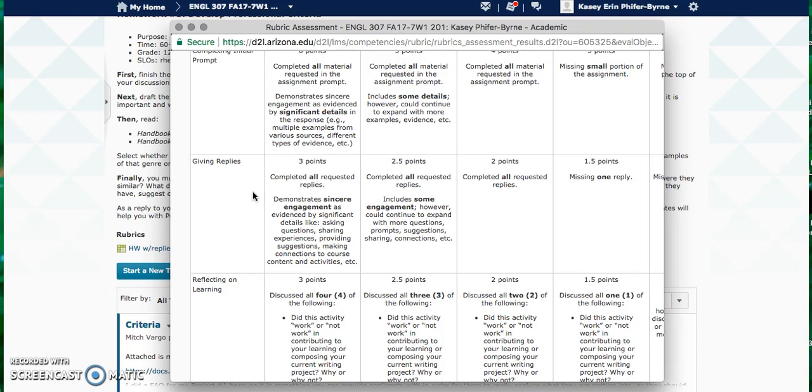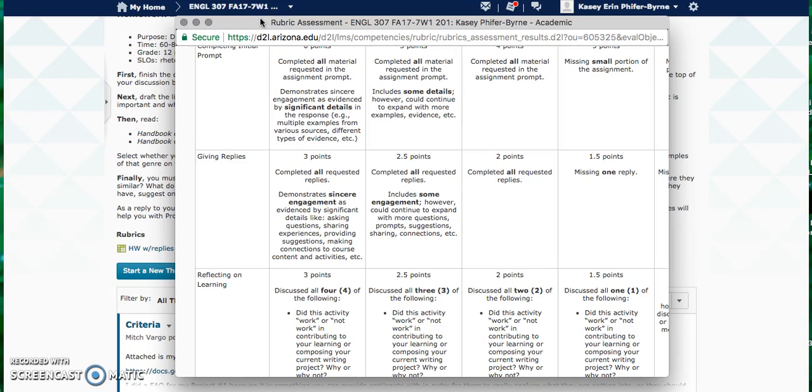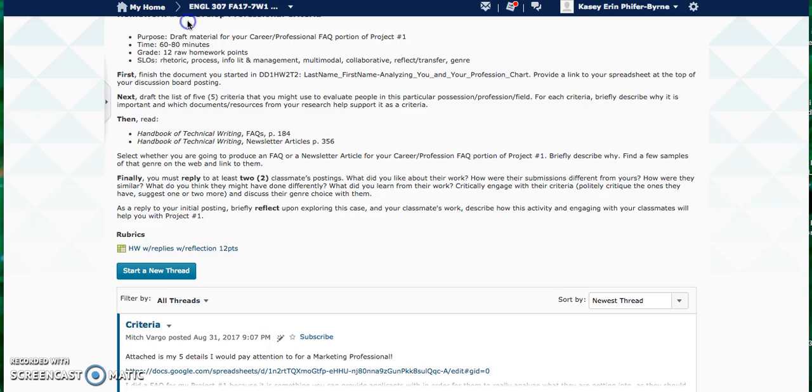I'm happy to tell you that, but you can get the answer faster probably on your own. So that's the rubric I'm using for assessing homework, and that's how I arrive at your homework grades.